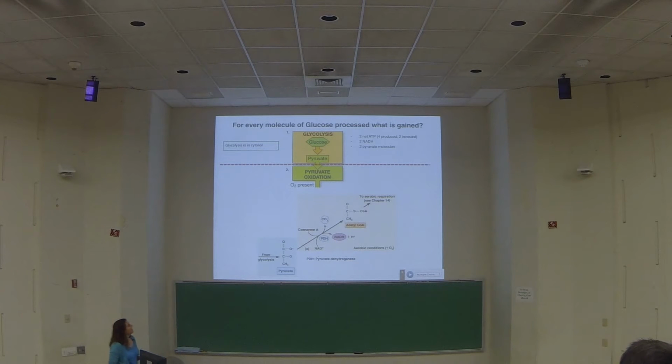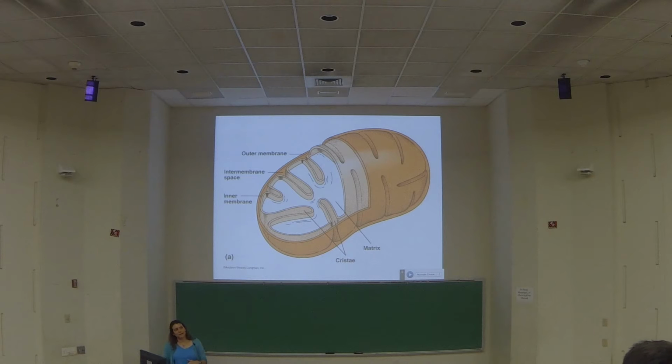Here's where we're at: 2 net ATP from glycolysis, 2 NADH, 2 pyruvate. For each molecule of pyruvate, we get an acetyl-CoA, CO2, and an NADH. But we have to get that pyruvate into the mitochondria.